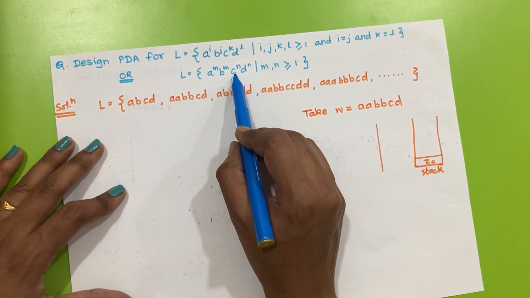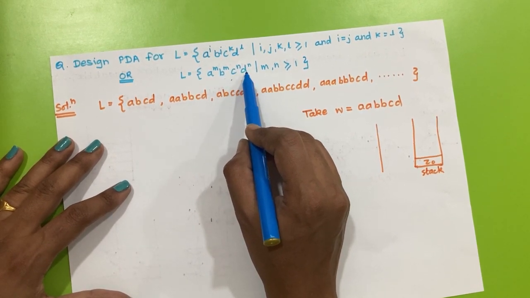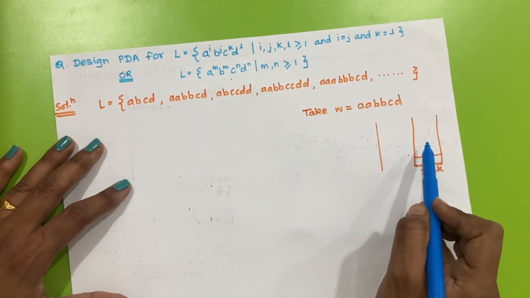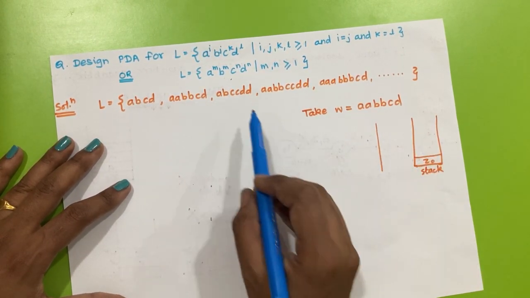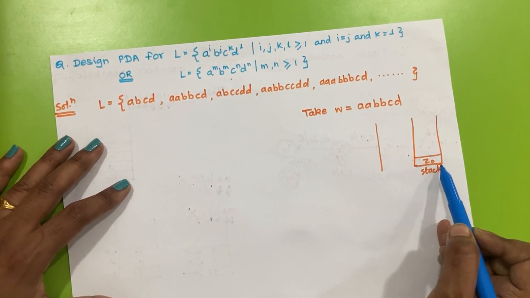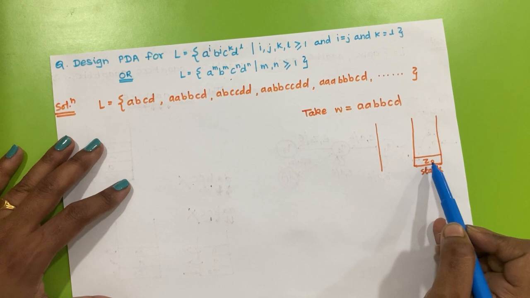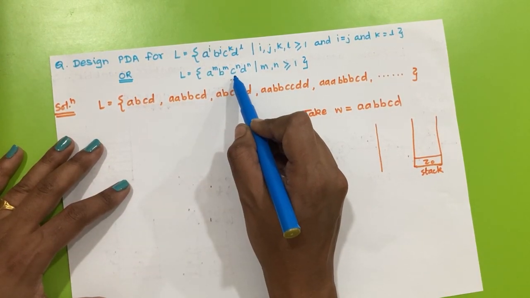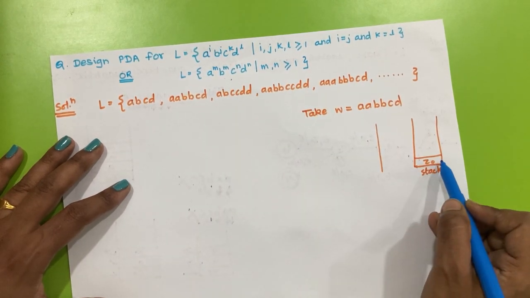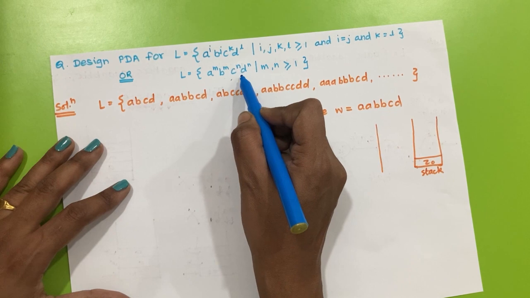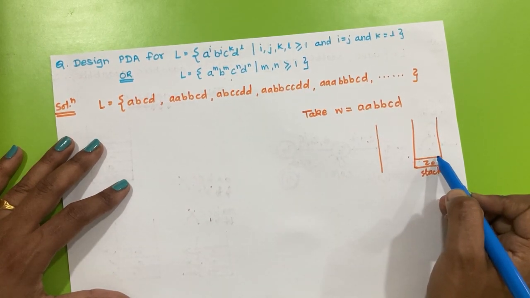So the same case will be repeated here. For matching C's with number of D's, we will push all C's onto stack. While reading C, we have empty stack, means top of stack will be Z0 only. So when we read first C, at that time top of stack will be Z0. So for all C's we will push onto stack one by one.